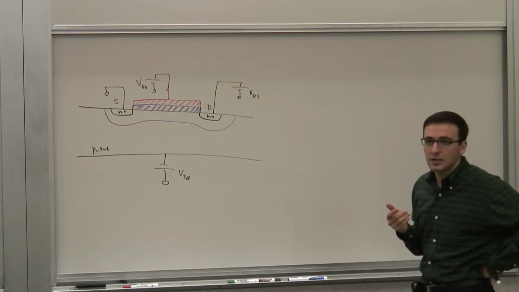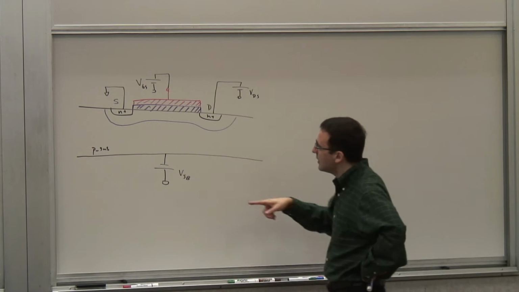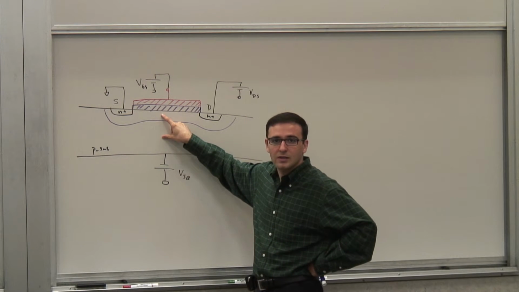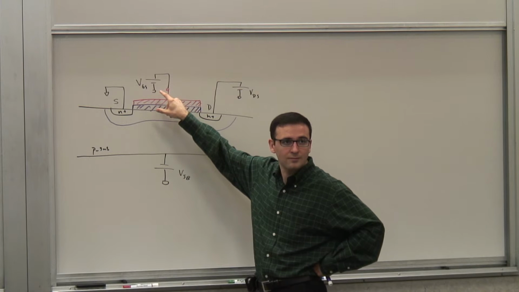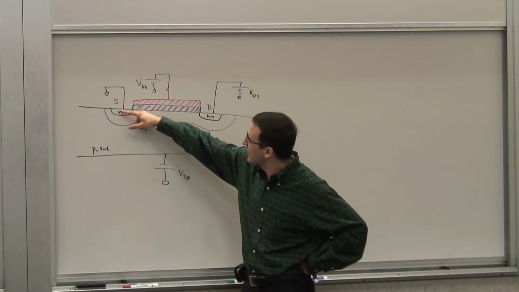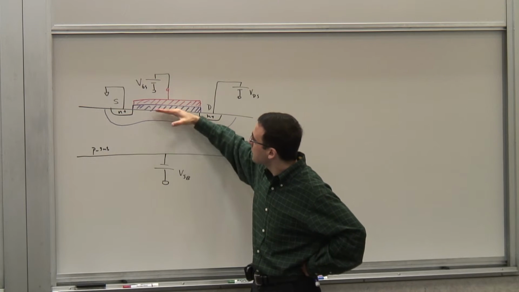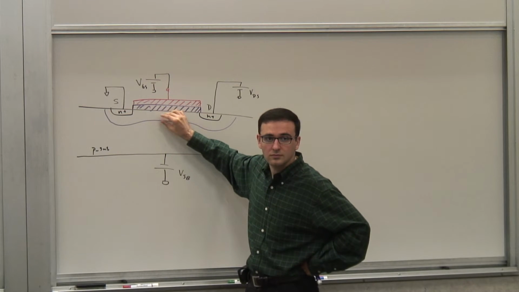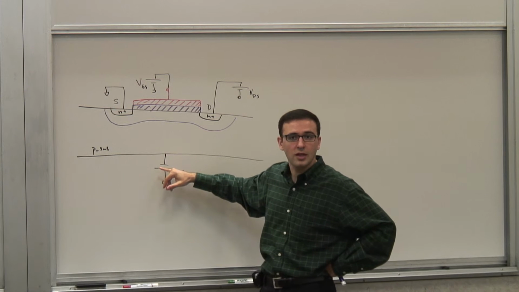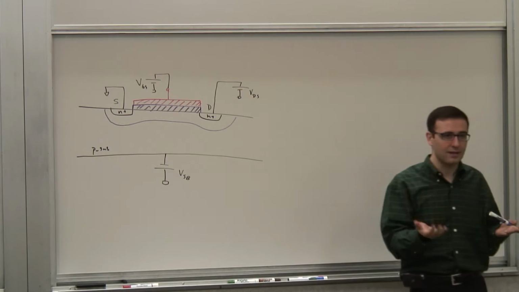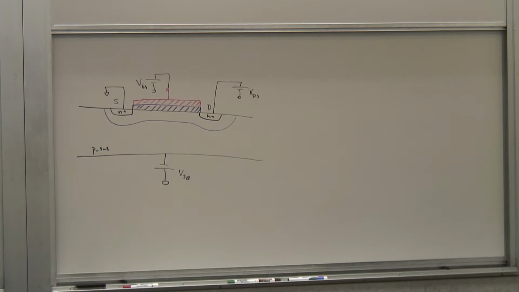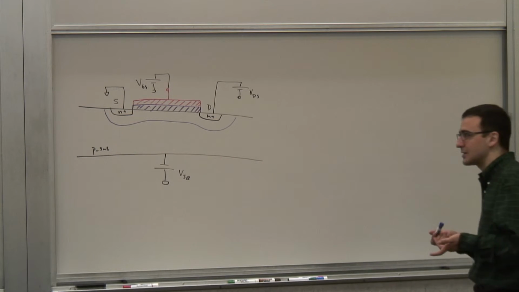Now, the other thing you notice is that in general, this voltage will also affect the width of the depletion region in addition to this voltage, right? Because when you apply larger voltages, reference to this voltage, which is the reference for all of these other voltages, you can actually modulate the width of this depletion region by controlling this voltage. And that's what we call the body effect. And it was responsible for a change in the threshold voltage. We could account for it as a change in the threshold voltage.